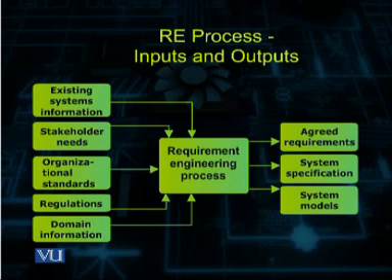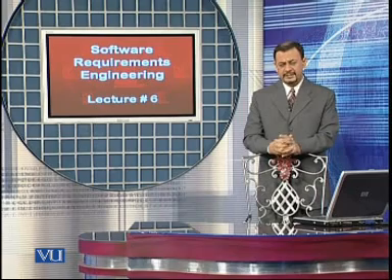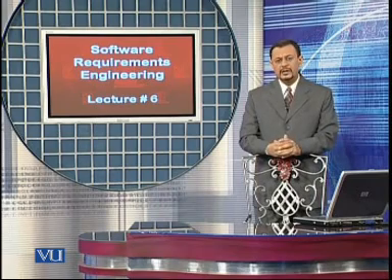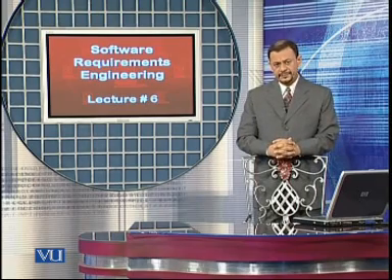So let's move on to discuss each of the inputs. The first thing that we talked about was the existing system information: information about the functionality of the system that you are going to replace. As said, the manual system that will be replaced by the new automated system will have to be studied very carefully.